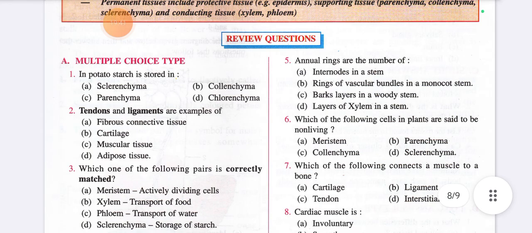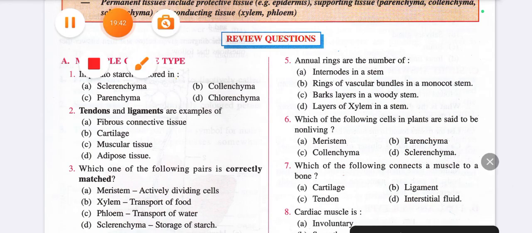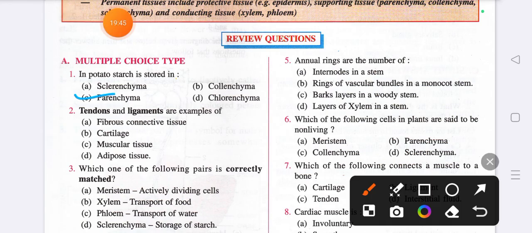In potato, starch is stored in maybe option C. According to me, we should have option C. Tendons and ligaments are examples of tendon, ligament. I think this. Oh no, muscular, right? No, I forgot. Which one of the following pairs is correctly matched?